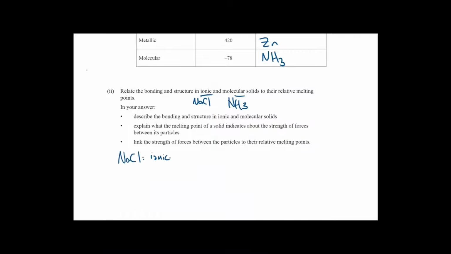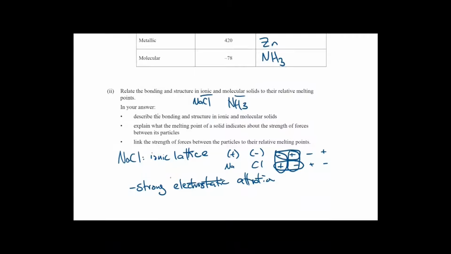So this is an ionic lattice. So it's a 3D lattice, and it's held together by positively charged cations next to negatively charged anions. Remember which one is which from memory.